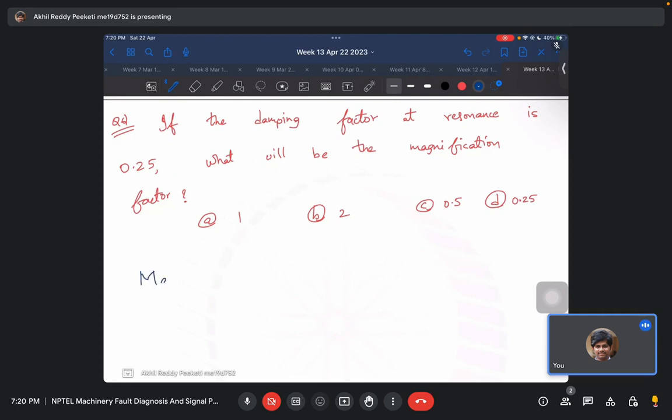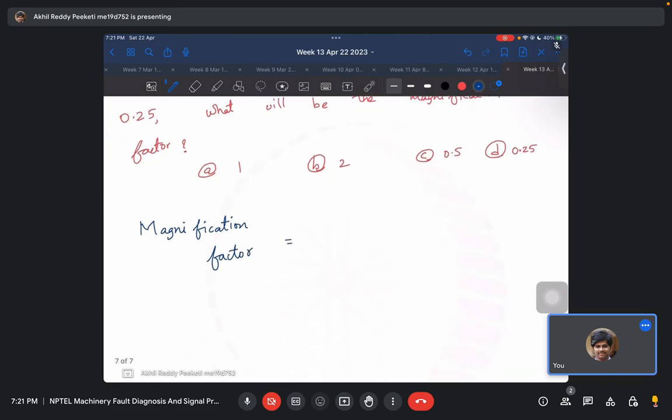So how can we actually get the magnification factor? It is 1 by root over (1 minus r square) whole square plus (2 zeta r) whole square.